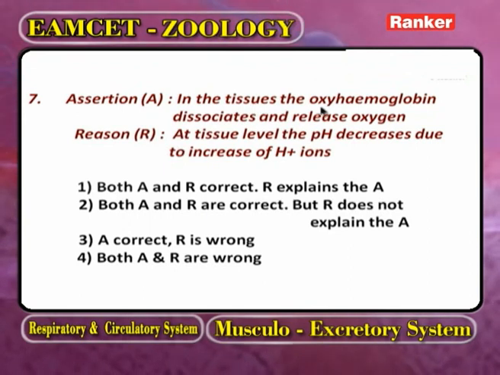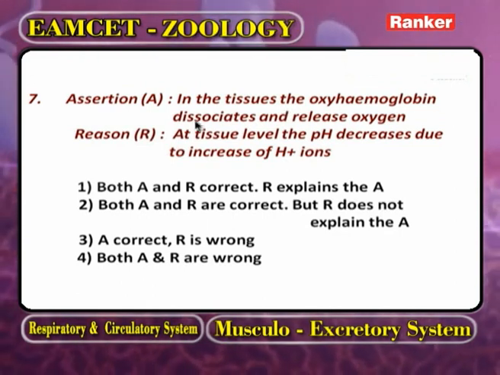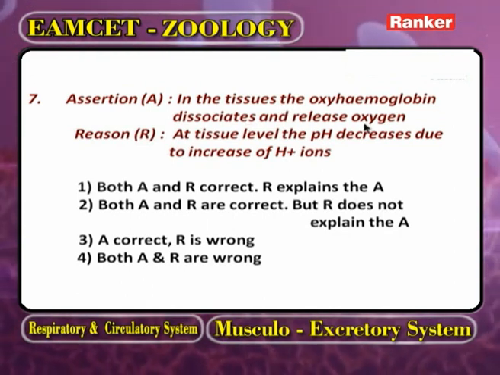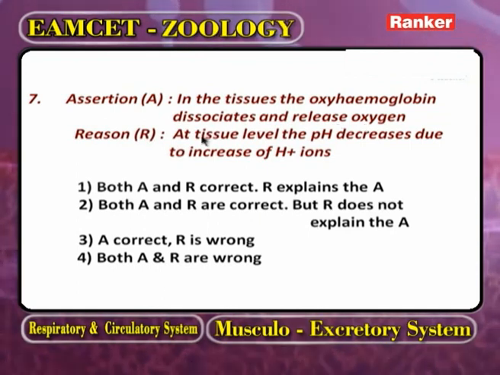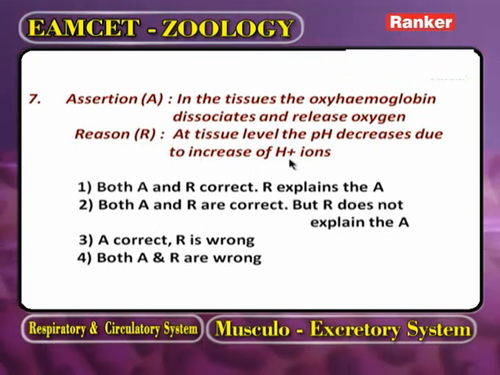Assertion: in the tissues, oxyhemoglobin dissociates and releases oxygen. Again repeating, in the tissues, the oxyhemoglobin dissociates and releases oxygen. Reason: at tissue level, the pH decreases due to increase of H plus ions.